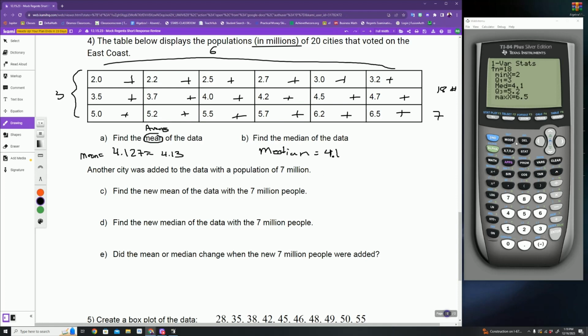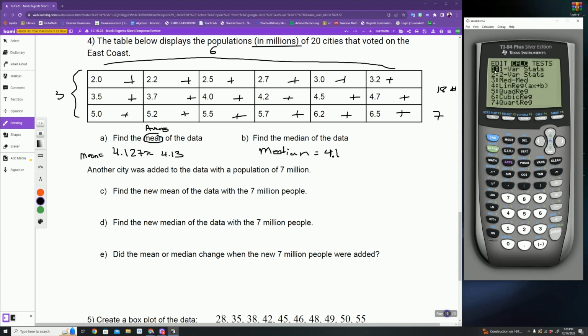The new mean, so we'll go back to our Stat. We're going to do this in the calculator. If I press Edit and go all the way down, I can just add another value in. Press 7, enter. And now the new value's in. Now let's calculate our new statistics.